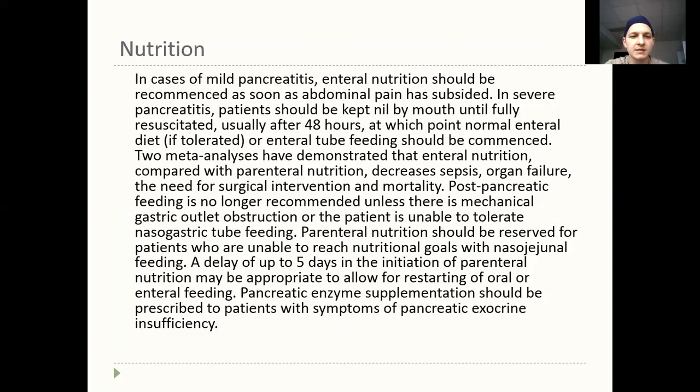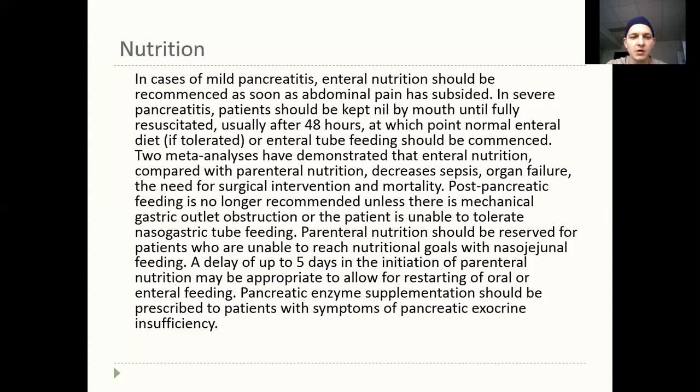Two meta-analyses have demonstrated that enteral nutrition compared with parenteral nutrition decreases sepsis, organ failure, the need for surgical intervention, and mortality.